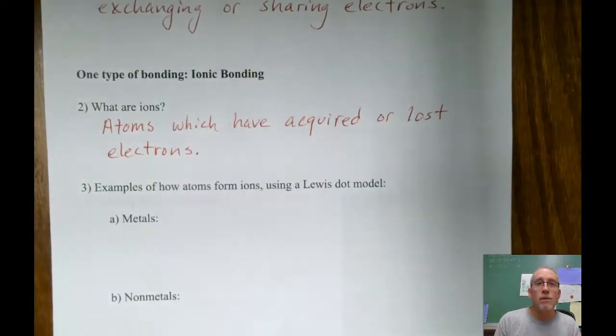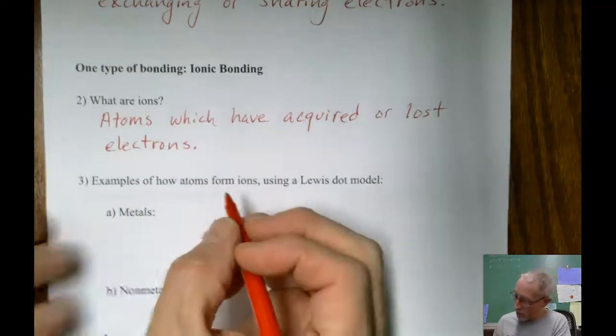So again, in the last unit, we talked about which ones are going to want to acquire some more or gain 1 or 2 or maybe 3, and some atoms that want to lose 1 or 2 or 3. And once they do that, we don't call them an atom anymore, okay? They are now a charged ion, all right?